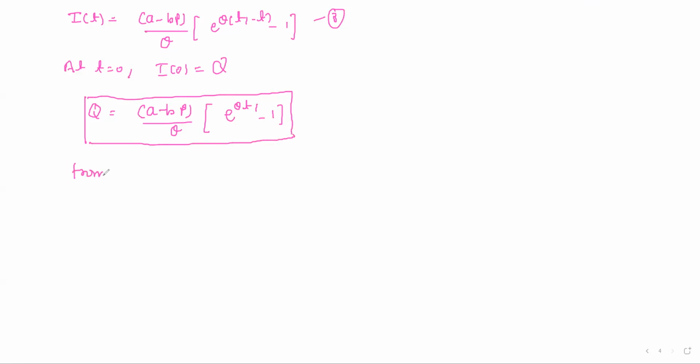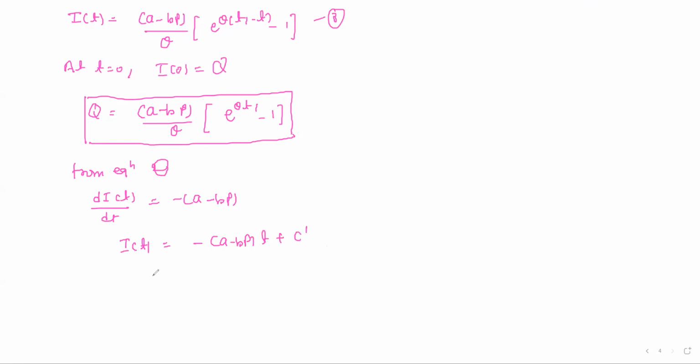From equation 2, dI(t) upon dt equals minus of (a minus bp). Okay, so we can easily solve it. So we get I(t) equals minus of (a minus bp) t plus a constant c dash.